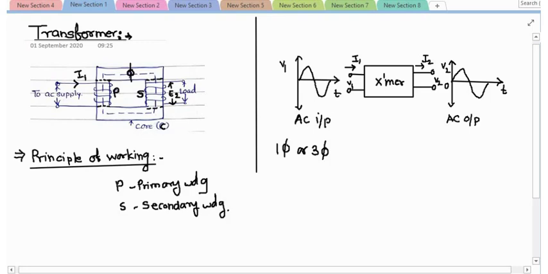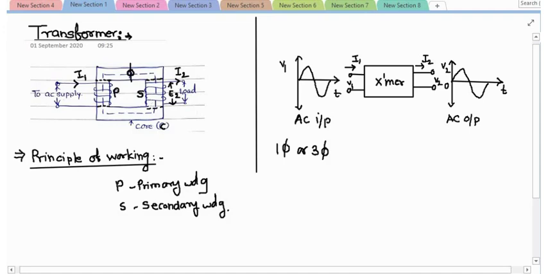Now, if the secondary circuit is closed by means of the load, the mutually induced EMF in the secondary will circulate a current. Let this current be I2 through the load. Thus, the energy is entirely transferred magnetically through the core from the primary circuit to the secondary circuit.